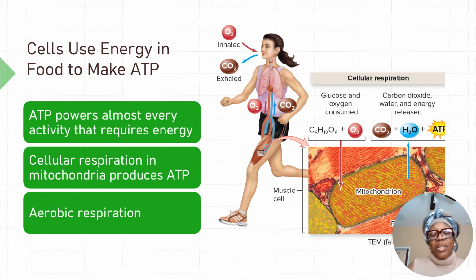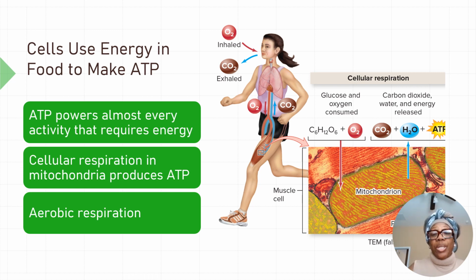So we've gotten a glimpse of metabolism, and we know that our cells use energy that's in food to make ATP, adenosine triphosphate. ATP powers almost every activity within our bodies, within our cells, as well as the cells of microorganisms that require energy. There's a process called cellular respiration that occurs within the mitochondria.